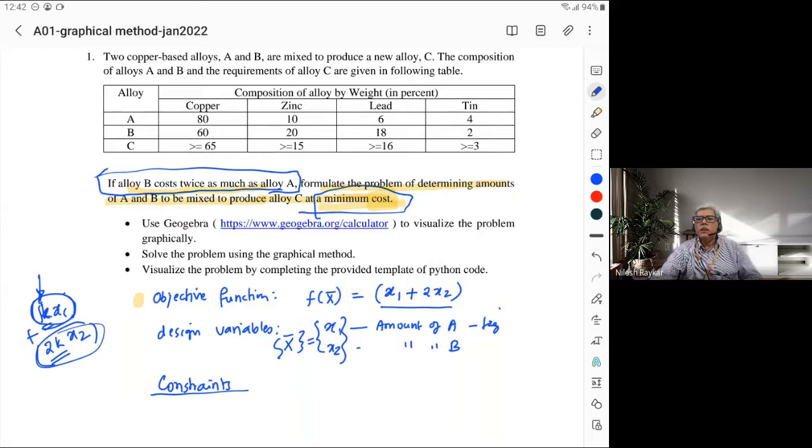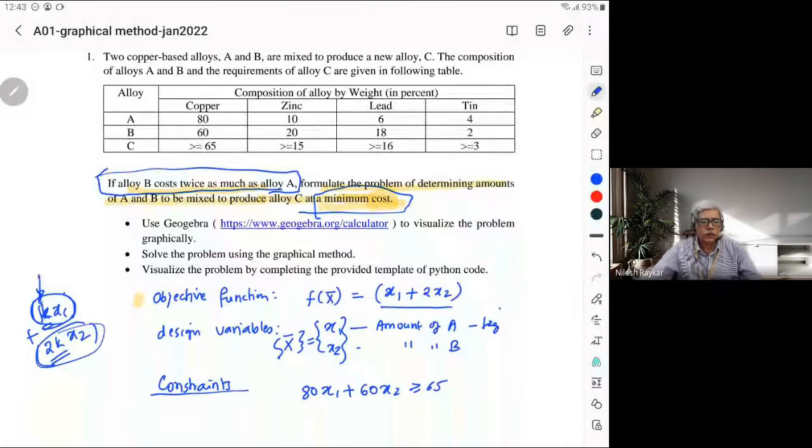Similar to others. Okay, let me see. Okay, Ganesh, I did not see your first line. So 80x1 plus 60x2 should be greater than or equal to 65.